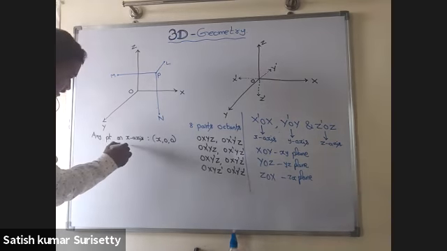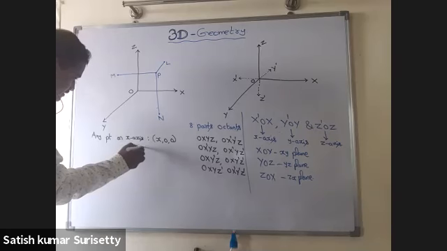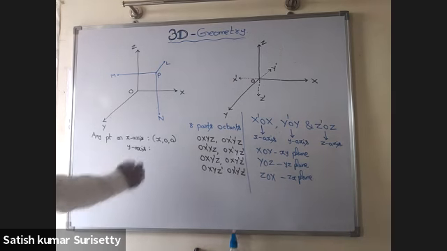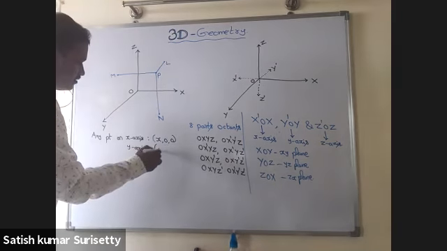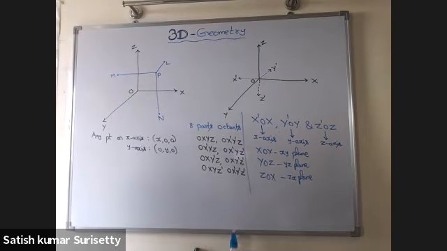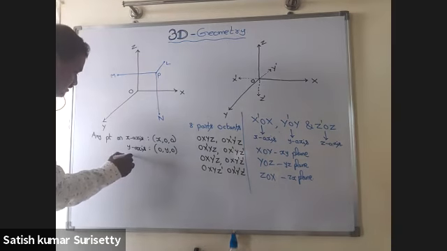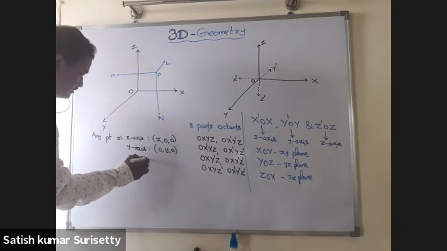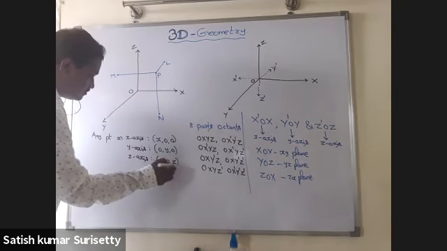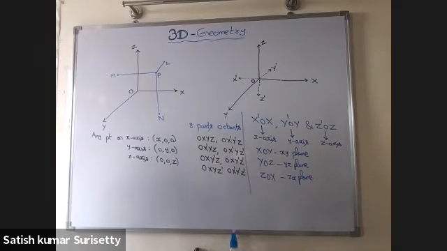Any point on y-axis is of the form 0, y, 0. Any point on z-axis is of the form 0, 0, z.